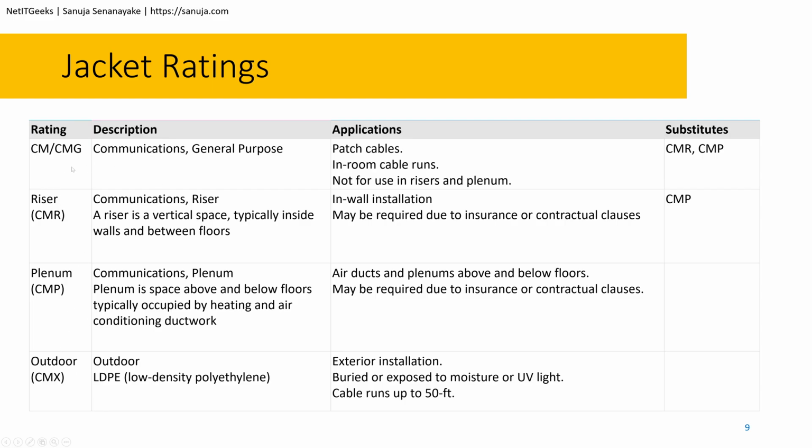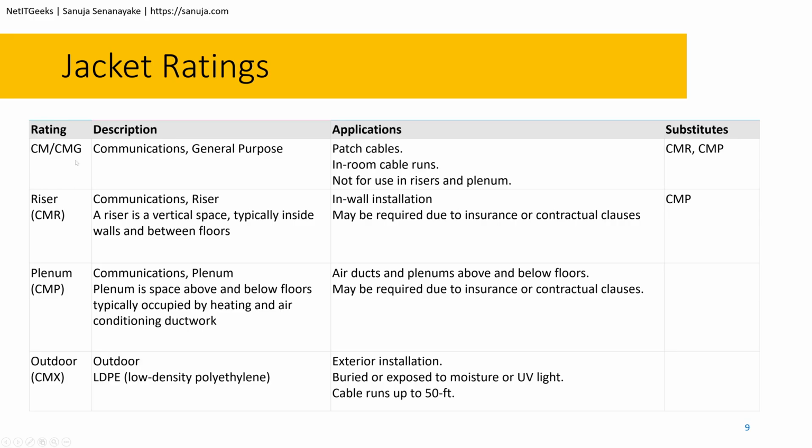CM and CMG are communication general purpose cables. They are used in patch panels and in-room cable runs, and are not ideal for risers and plenum. Plenum is basically ceiling space, as I was talking about. If you're pulling wires in the ceiling space or duct space, those are called plenum spaces.